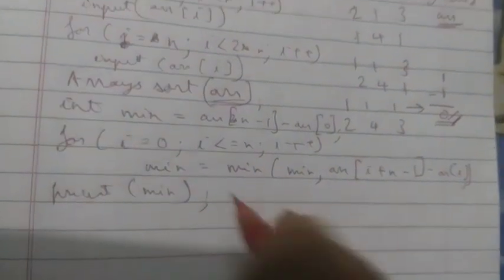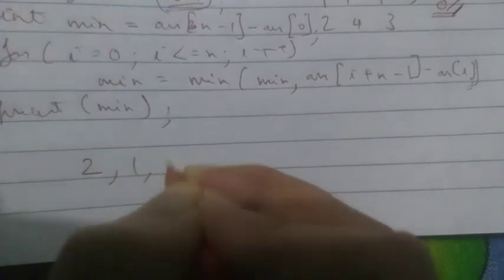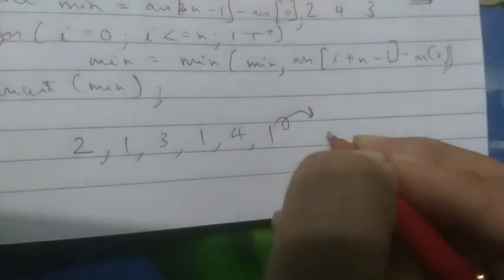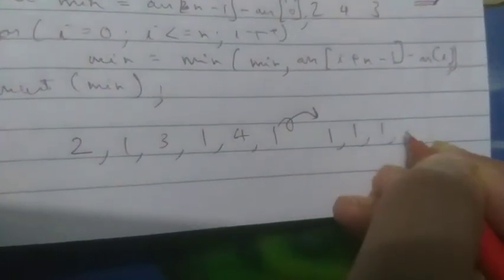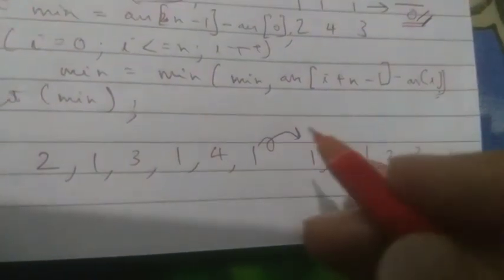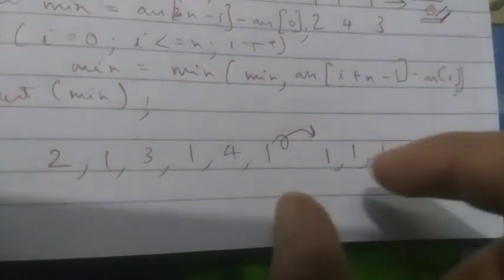So this is basically the sliding window type of concept. Like, let's say for this one, 2 1 3 1 4 1, if we merge them and sort it, we get 1 1 1 2 3 4. Then we have to select all the possible arrays of size n.